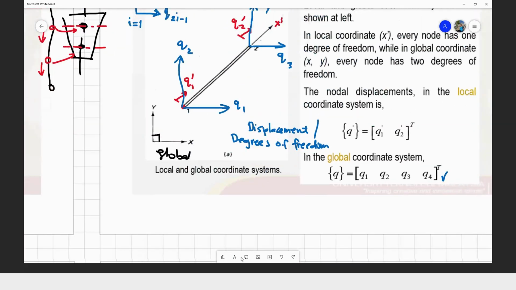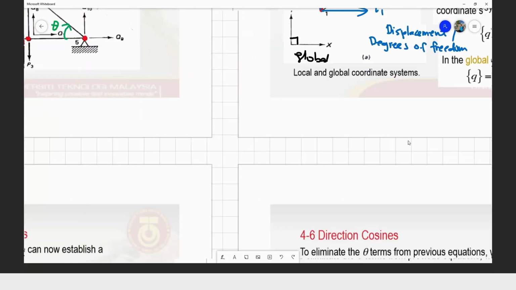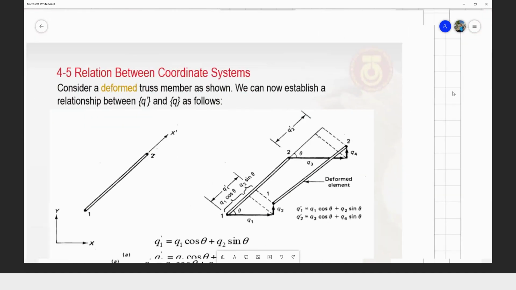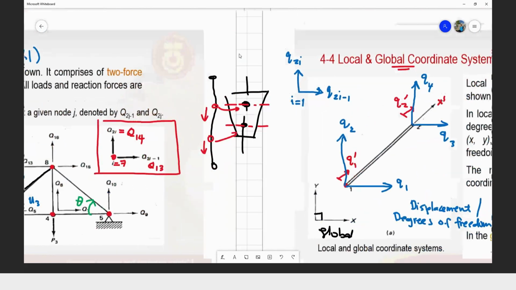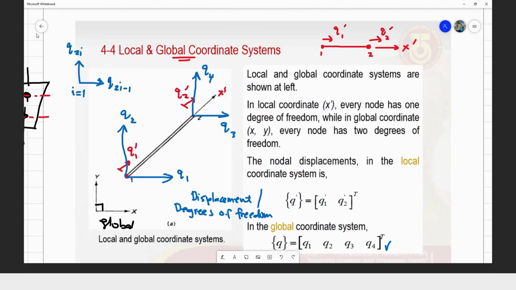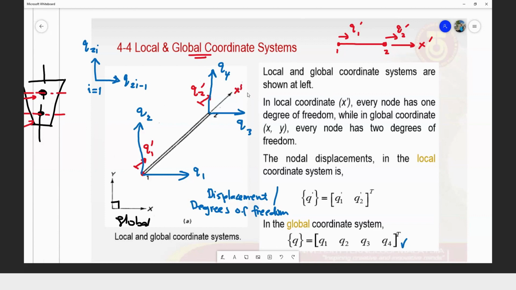Alright, we go back to this slide. So when we view the plane truss structure in local coordinate system ni, the truss structure tu dia dah jadi macam when we deal with bar element sebelum ni.